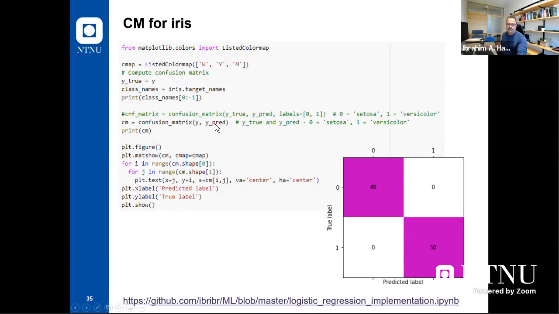So we have y and y predict to calculate the confusion matrix, and this one is for just plotting it. How can we get the confusion matrix? You can import it from sklearn.metrics, and you can calculate the confusion matrix. You can also calculate recall and precision. It has all those numbers. You can get those numbers in just one line.